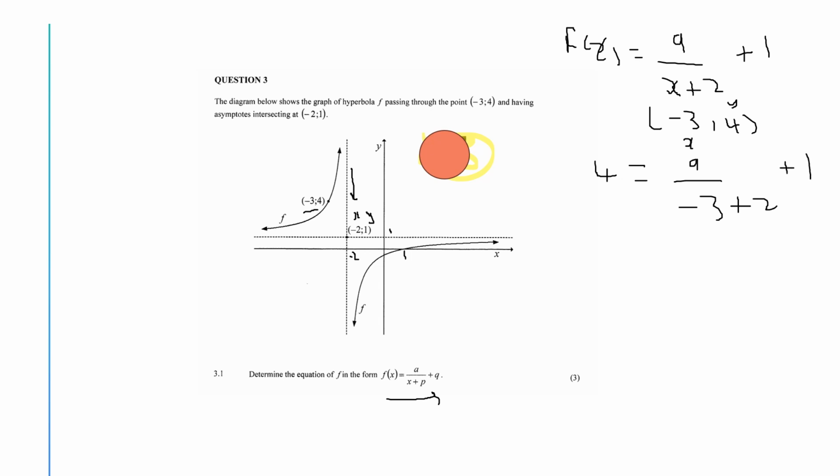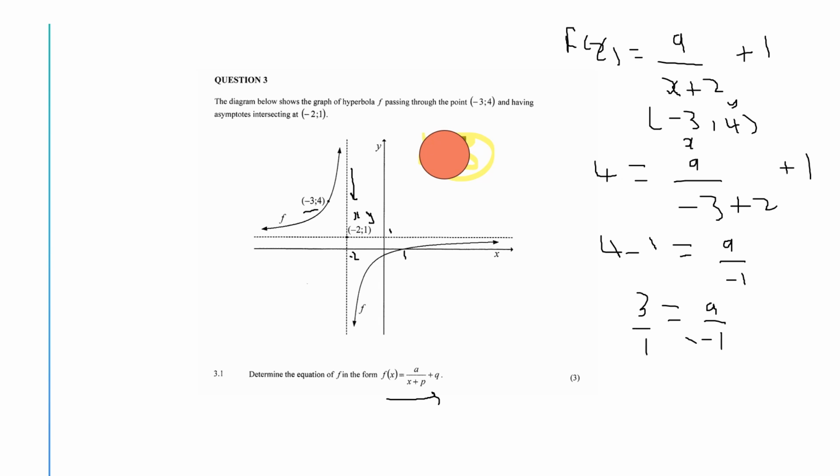So we know now that 1 will go the other side, which will be 4 minus 1, and everything will be over a. What is -3 plus 2? It will be -1. So 4 minus 1 will be 3, which is equal to a divided by -1, and then we can divide here by 1 as well.